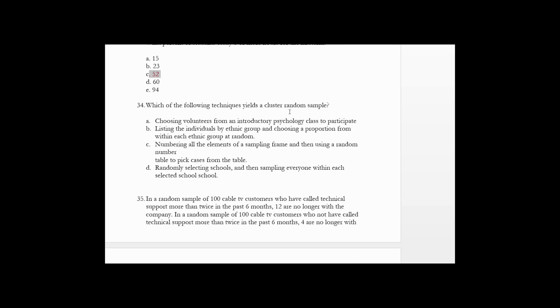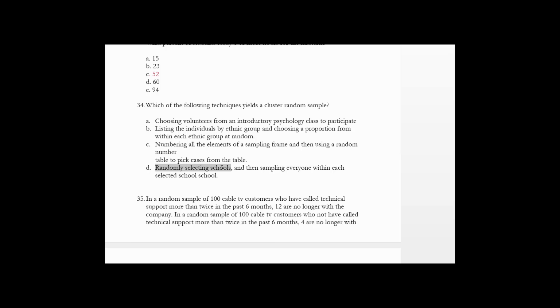Which of the following yields a cluster random sample? Obviously, it wouldn't be volunteers. Listing the individuals by ethnic group and choosing a proportion within each ethnic group at random, that would be stratified random sampling. Number all of them in a sampling frame and then using random numbers, that's simple random sampling. Now this one, randomly select schools. So we're just going to randomly select the whole school.